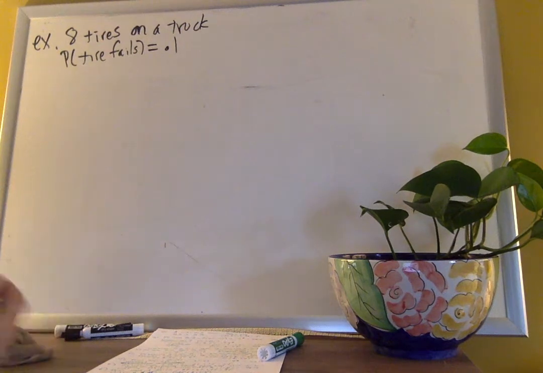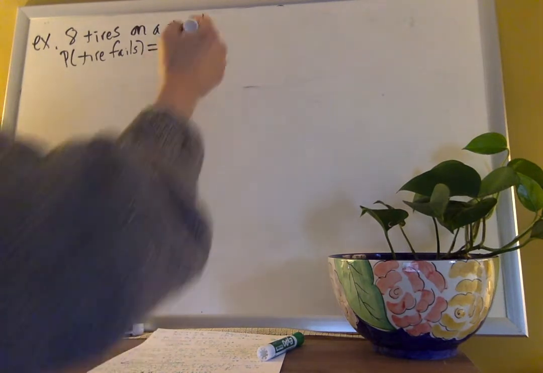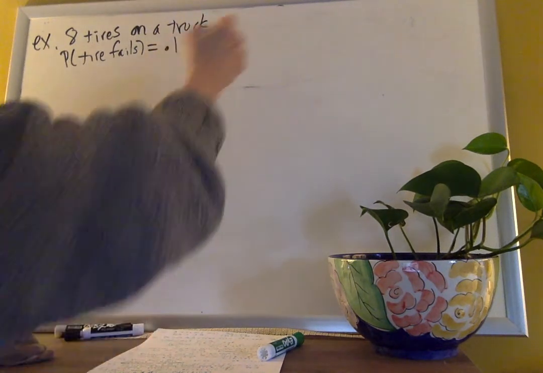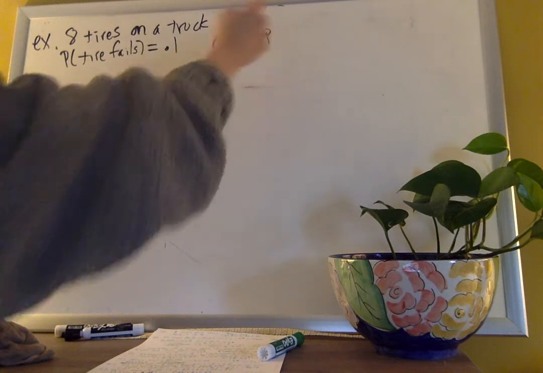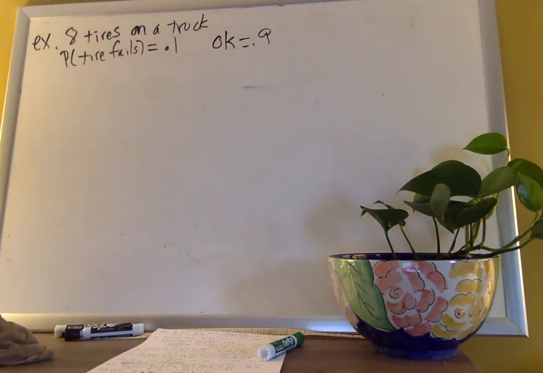So with that said, you use whatever word you want. What is the opposite of fails? You could say pass, but a tire passing just doesn't sound right to me. So I'm going to say the probability that a tire is okay is 90%. 10% fails, 90% the tires are okay. That's just the word I'm going to use.